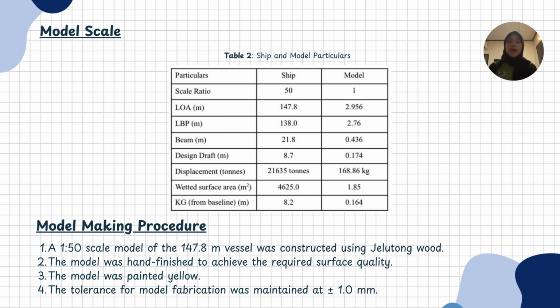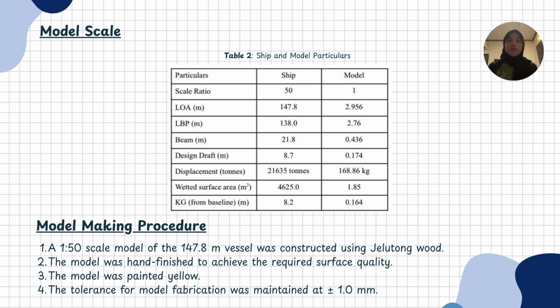The actual ship has a length overall of 147.8 meters, a beam of 21.8 meters, and a design draft of 8.7 meters, which translates to a model length of 2.956 meters, a beam of 0.436 meters, and a draft of 0.174 meters.